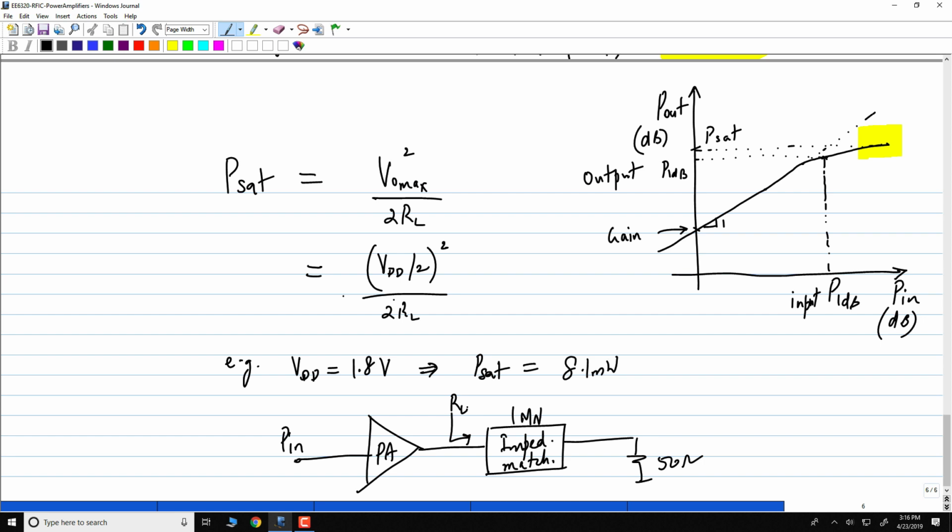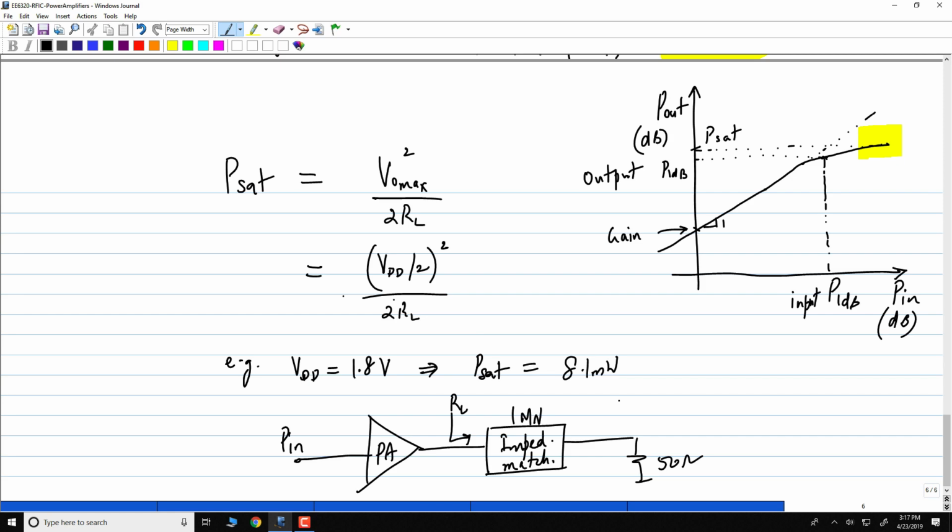Much smaller, correct? So you can see that the power linearly changes with RL. If I make RL 1/4, I'll get 4 times the power. I got 2.5 milliwatts with 50 ohms. If I make it 12.5 ohms, I will get about 10 milliwatts. That's about 6 dB higher. That's quite a bit. So I can use an impedance matching network.